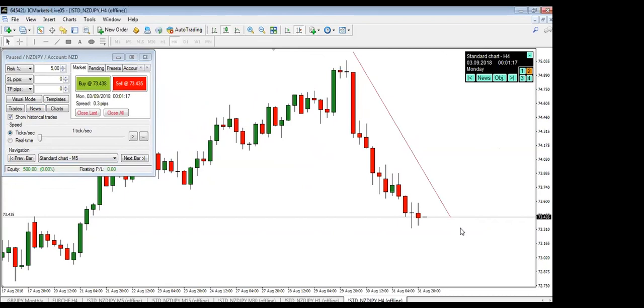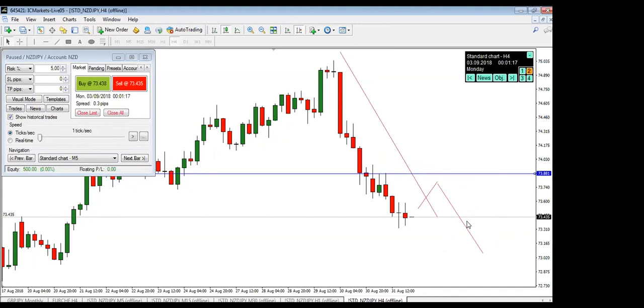What I'm seeing at the moment is that over here there's a high. And I think we're too far down from this high, so I would like to see some type of structure, something like this. That's what I'm anticipating at the moment, but let's see what happens.